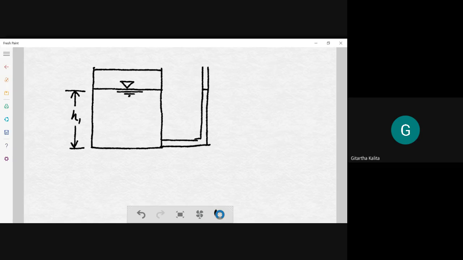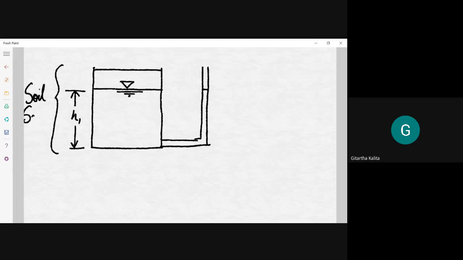And suppose we have given one stress, and this whole is the soil sample. If we apply a stress sigma, then what will happen?